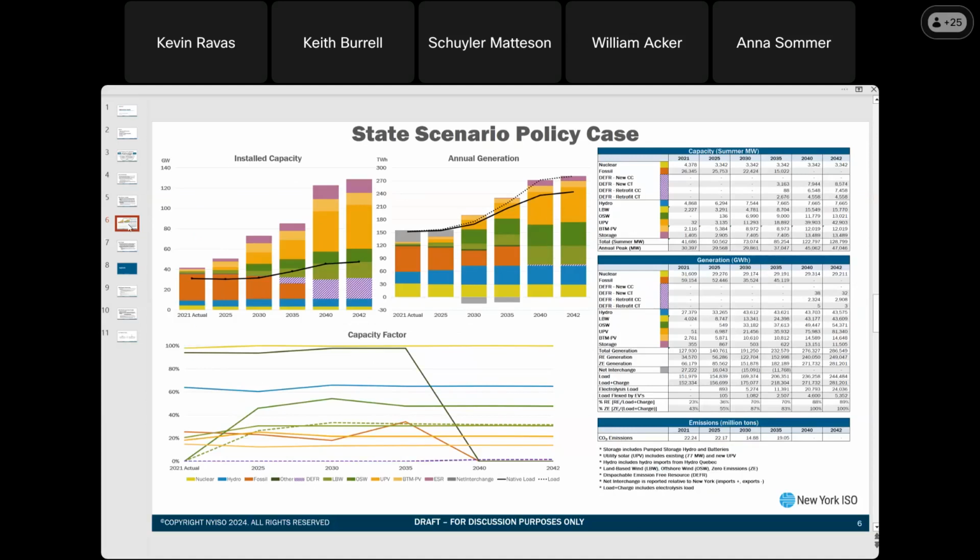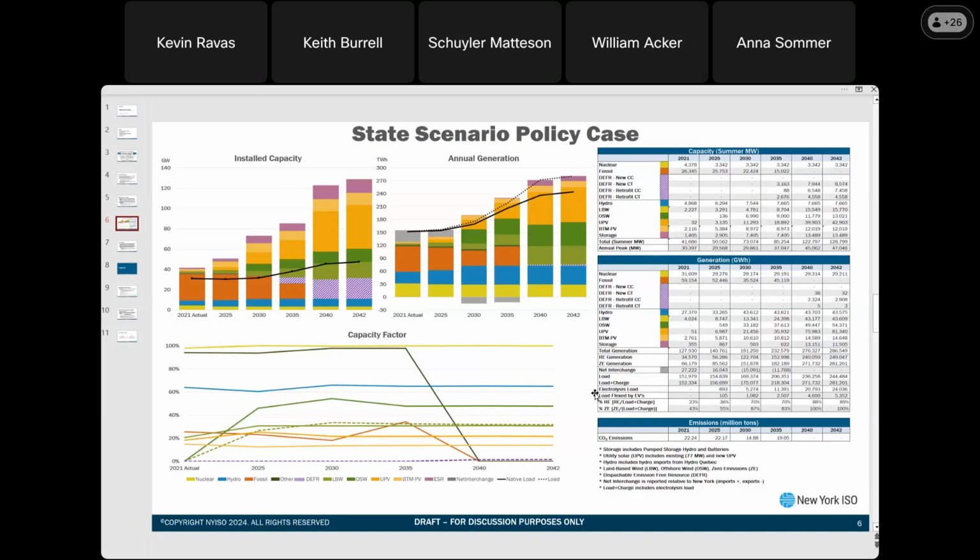In addition, you'll see a lot of DEFR capacity that comes into play in the later years, but there's a lot of capacity, but not a lot of energy from those DEFRs. And what that's telling us is this capacity is specifically being built to support LCRs, the regional capacity requirements that are downstate. So yeah, that's the main story of what is happening here.